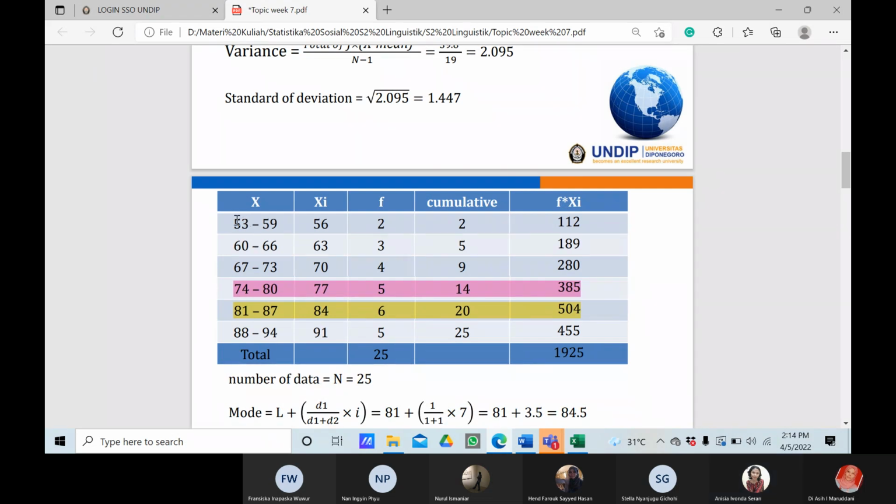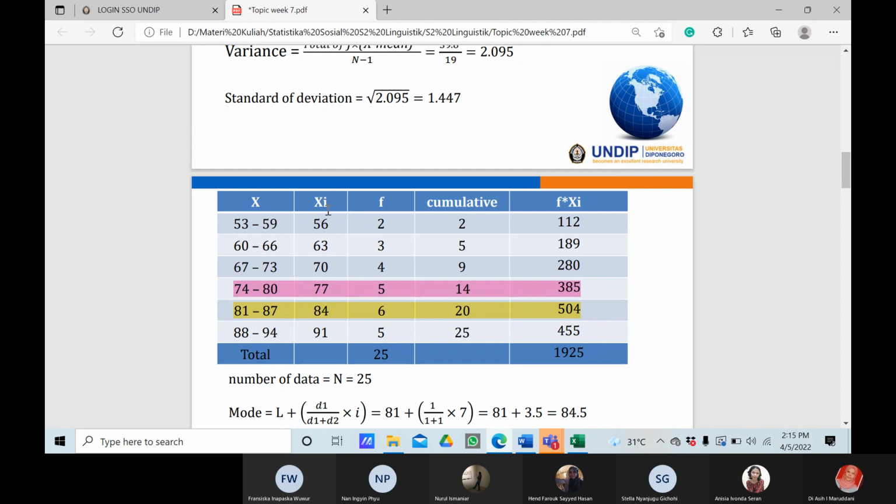The first interval is from 53 to 59. You have 7 scores here. Then the midpoint of 53 to 59 is 56. Okay, you got it, Anisha? Yes, Miss. The second one, the midpoint between 60 and 66 will be 63.